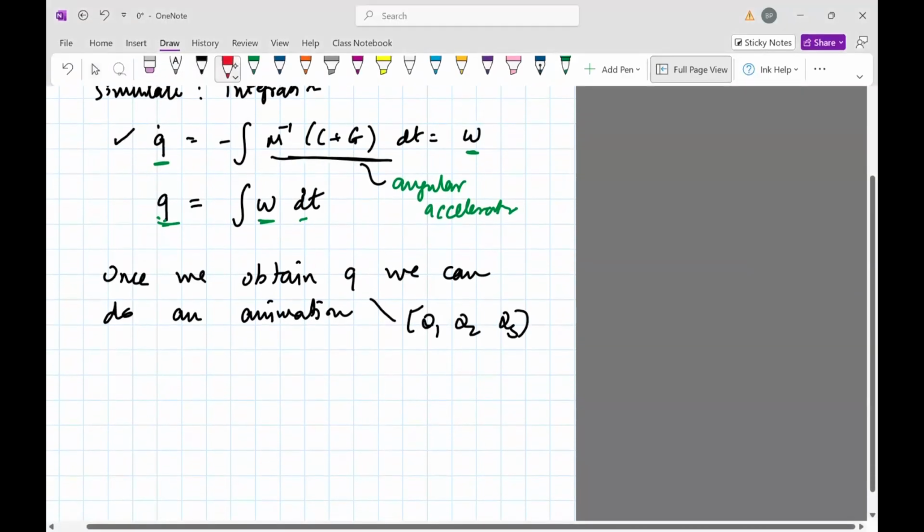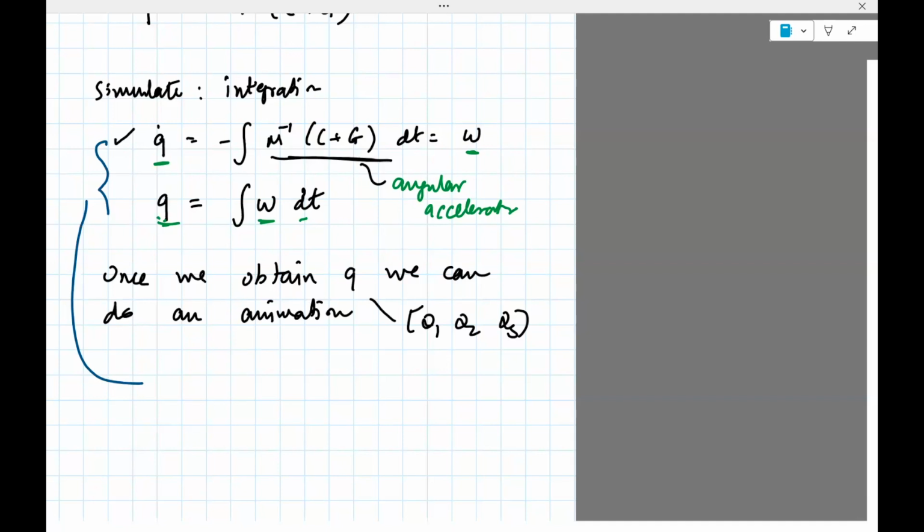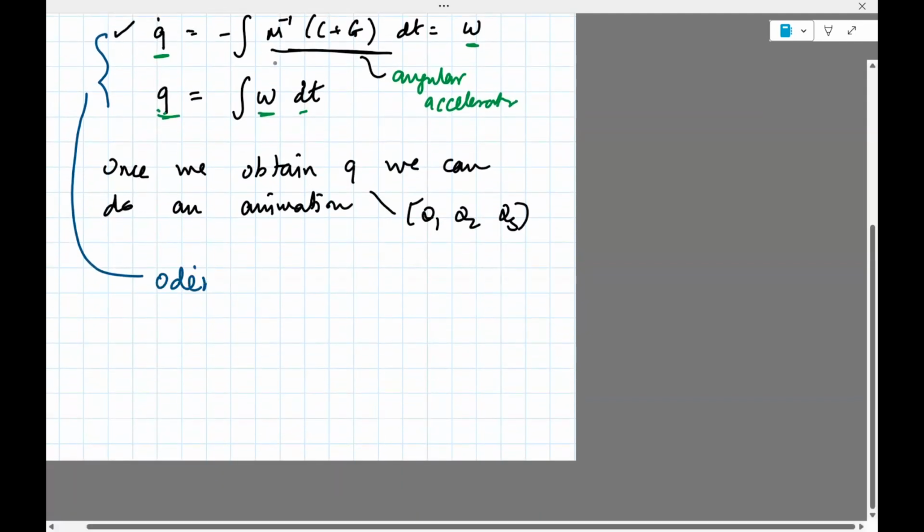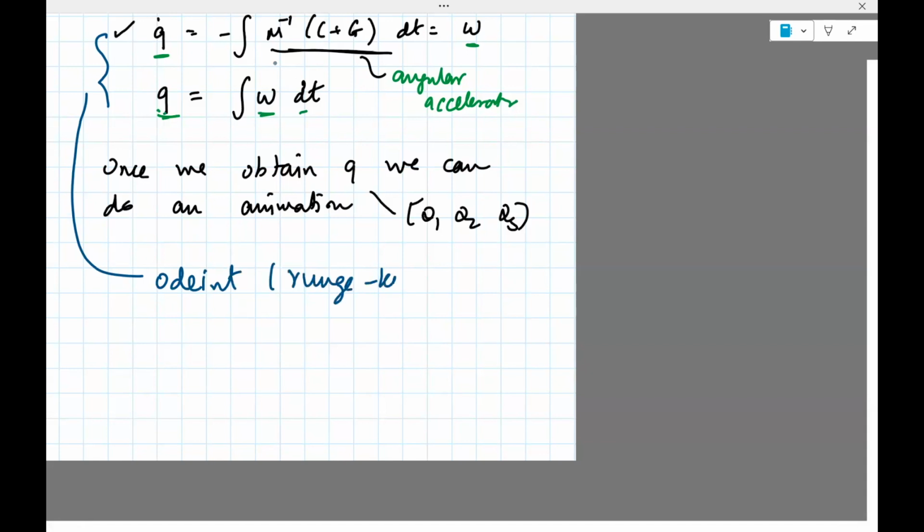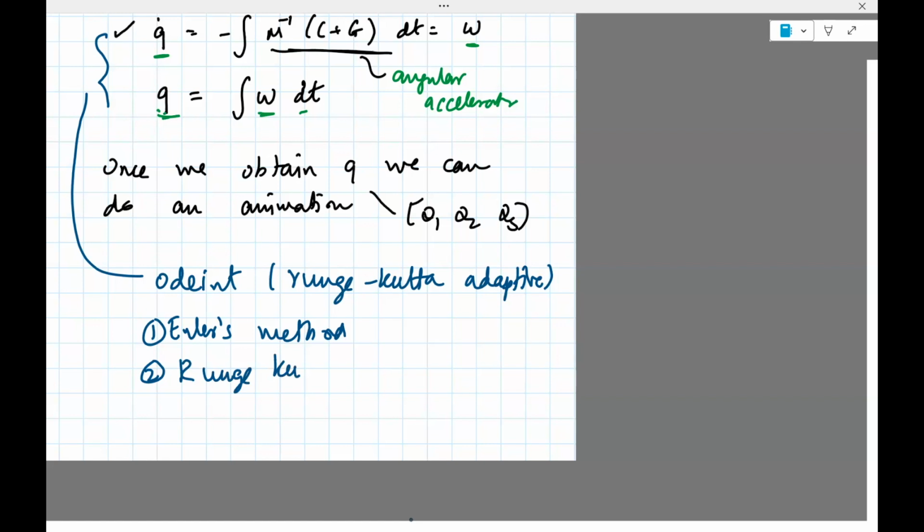Now this thing is done by an integrator. The integrator I'm going to use is called odeint. You don't need to know too much about this. It's a Runge-Kutta integrator, but the other ones you might have heard of are Euler's method, and Runge-Kutta adaptive, and Runge-Kutta fixed, order 4.